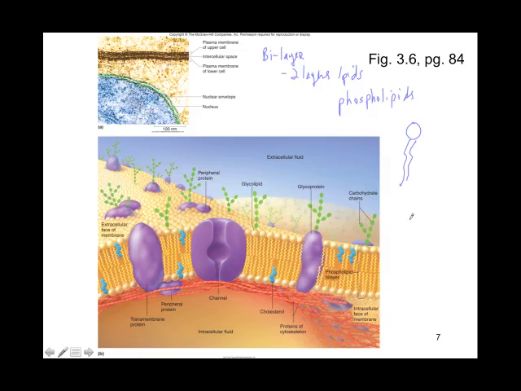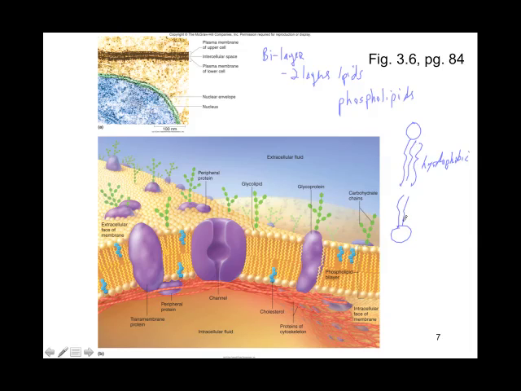And this is a bilayer because of the amphiphilic nature of these phospholipids. Because these fatty acid tails are hydrophobic, and the majority of the cell and extracellular fluid is water, these phospholipids orient themselves in such a way so that these tails are away from the water and the hydrophilic heads are towards the water.